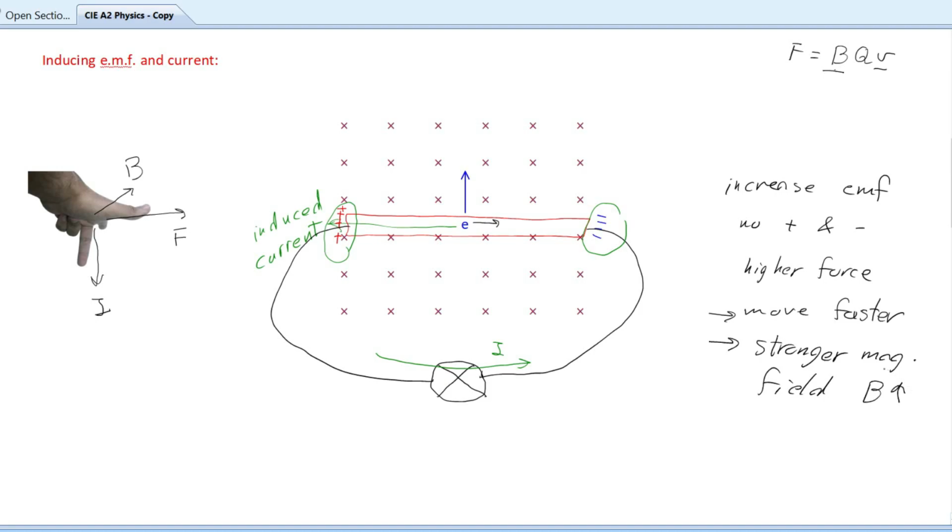So that's how you increase the force. That's how you accumulate more charges. So basically, if you need to increase the EMF, you need to go faster, move the conductor faster. That's increase the rate of movement, or increase the number of lines.